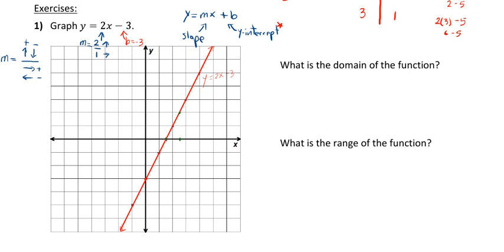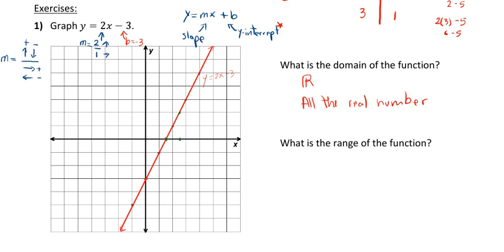So we're not only talking about integer numbers, we're also talking about decimals and fractions, so it's including all the real numbers. So the domain are all the real numbers. This R represents all the real numbers, or you could write it all the real numbers.